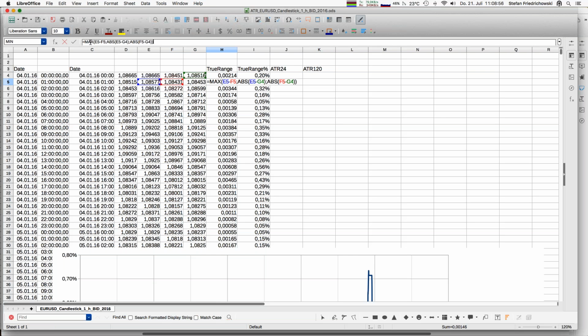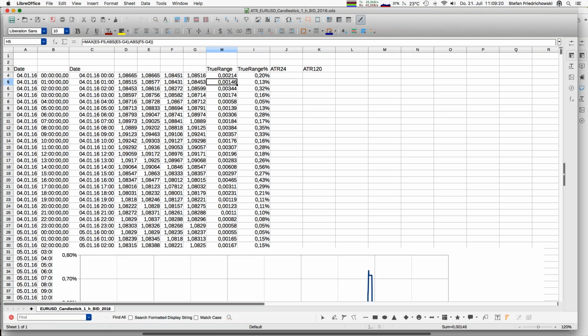Therefore, we have this maximum between high and low, or the absolute value between high and close of last candle, and the absolute value between low and close of last candle. And exactly that is a number we want to have as the true range.